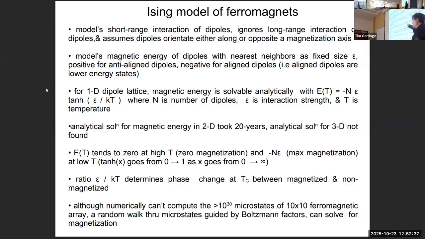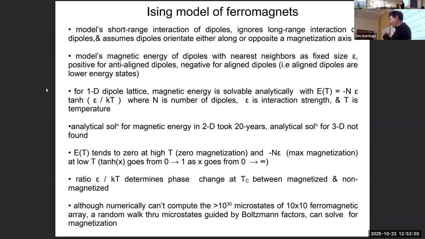If you had a two-dimensional material, so this is a one-dimensional material that you can solve analytically. If you had a two-dimensional material, like a sheet of dipoles, a two-dimensional array of dipoles, that was a mathematical problem that existed for 20 years to analyze.